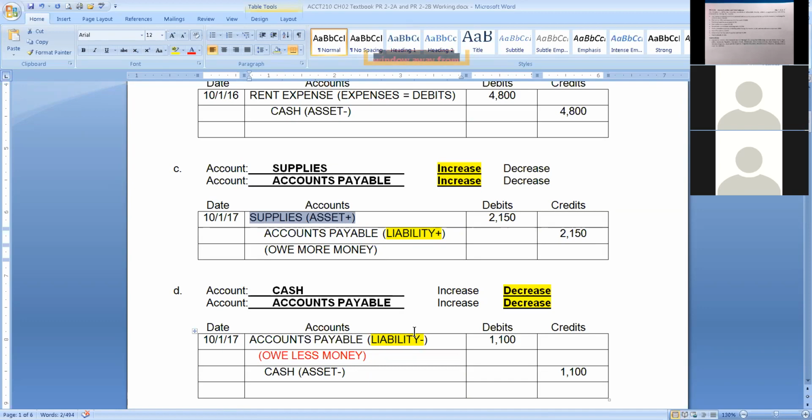So when we buy them, we put them on the books as an asset. When we use them up, these are supplies leaving the place. So it says that we used 1,300 of these supplies. So we no longer have 2,150 of supplies. We used 1,300 of them. And it's not cash going out the door like a regular expense, but it's supplies going out the door.